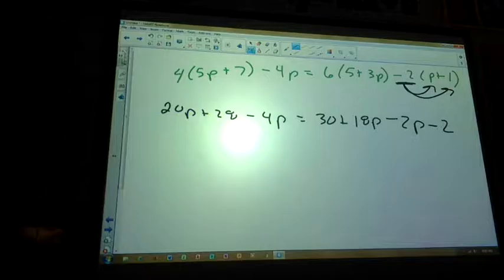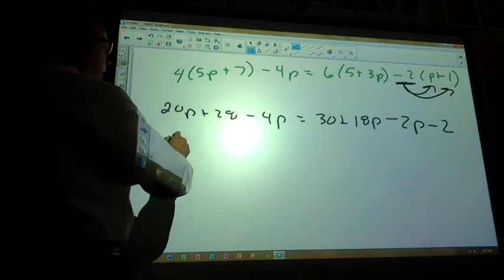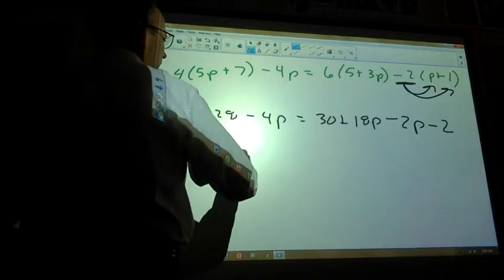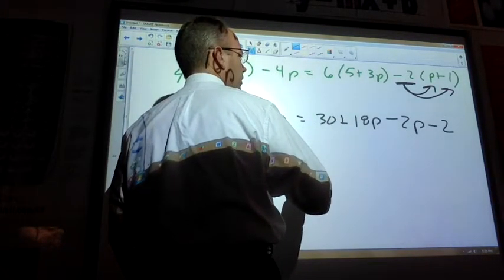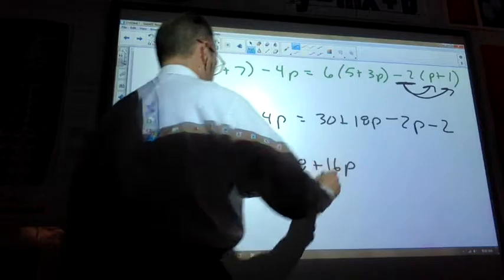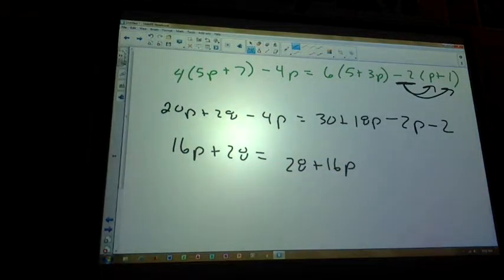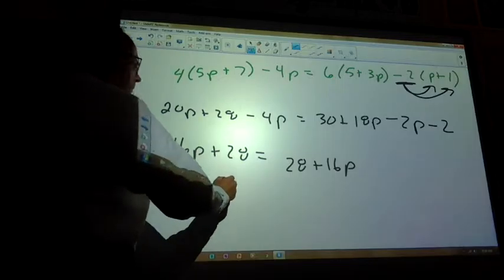Okay, so again, just make sure you distribute over. That's going to give me 16p plus 28. If I subtract 16p from both sides, I wind up with this.